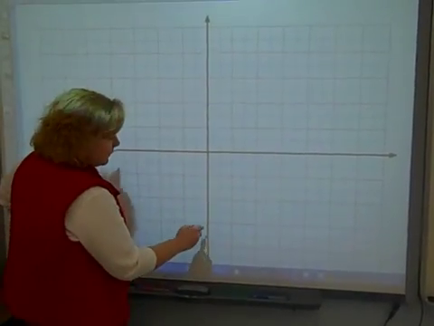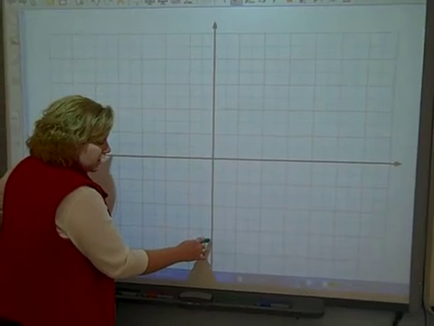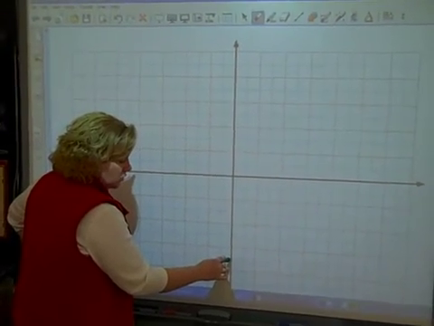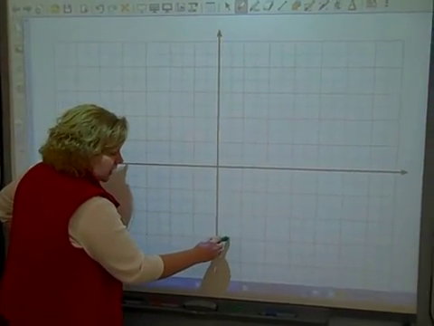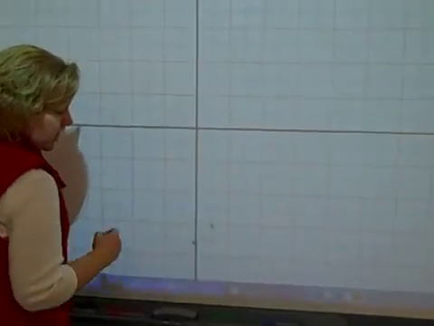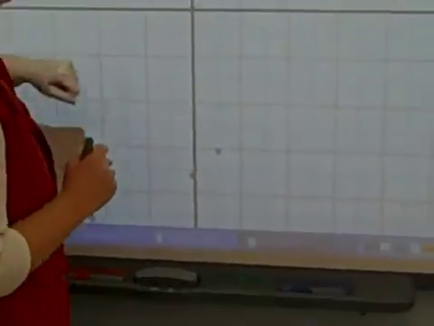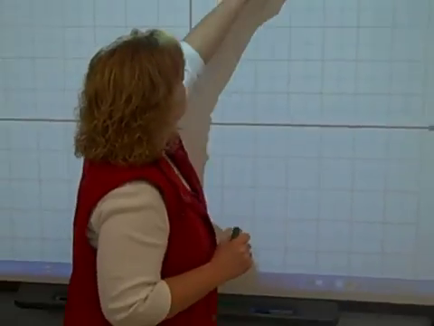From that point, you are going to rise and run. Since it's 1 over 1, I'm going up 1 and over 1. You make your mark again, and you draw your line.